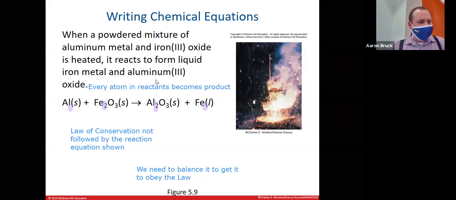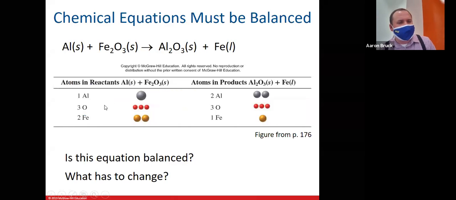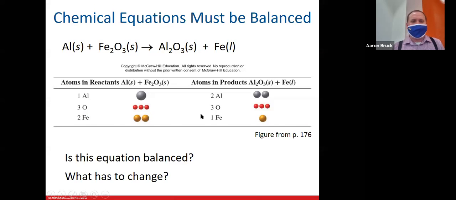Now, the next slide goes through that same idea in a different way. Here we're showing atomically that there is an imbalance. 1 aluminum atom versus 2 over here. 2 iron atoms in the reactants compared to 1 here.